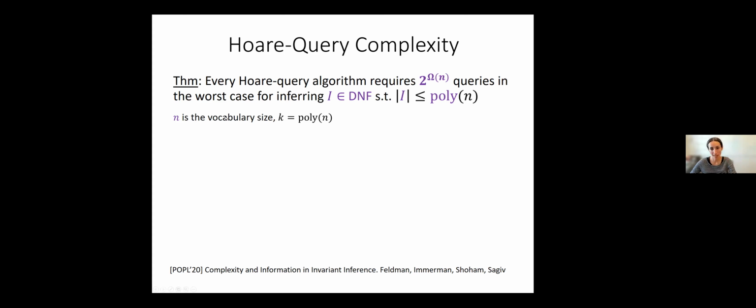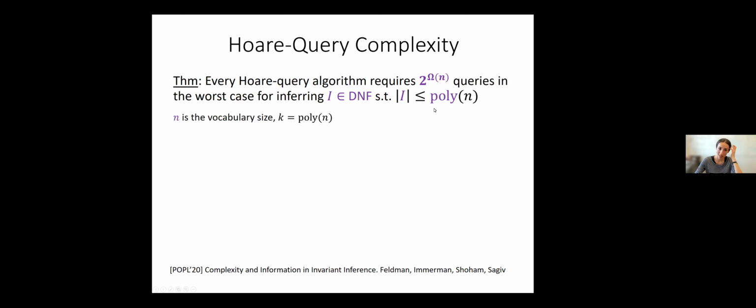And the theorem says that in this rich query model, every algorithm requires at least an exponential number of queries to infer invariants in DNF, and even to infer short invariants. These are invariants that have a polynomial length.